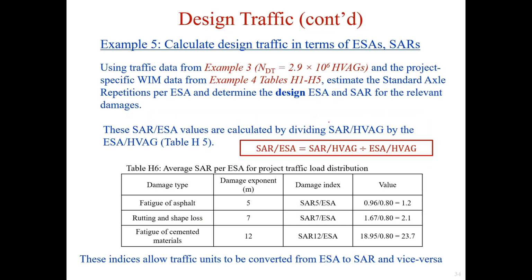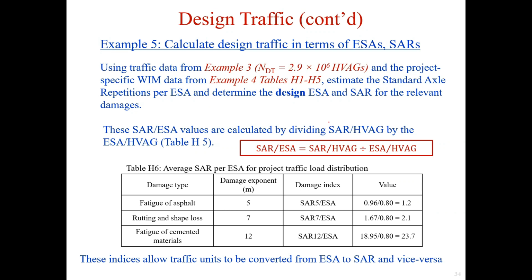We could use traffic data from example 3 and the project specific WIM data from example 4 and tables H1 to H5 to estimate the standard axle repetitions per ESA and determine the design ESA and SAR for the relevant damages.